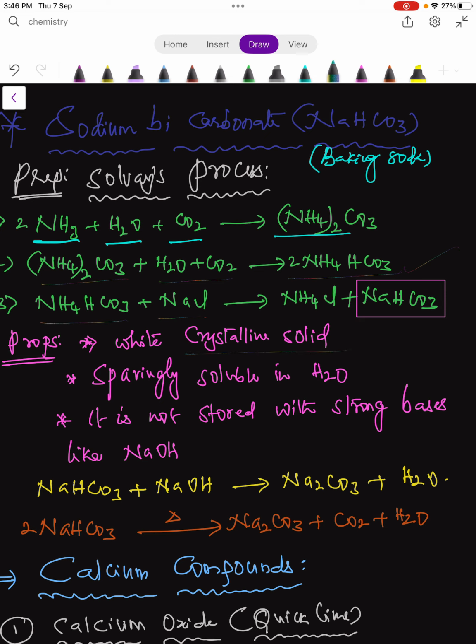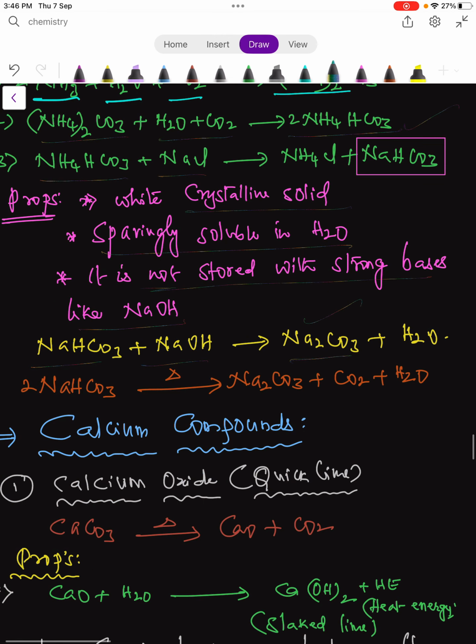It is a white crystalline solid, sparingly soluble in water. It is not stored with strong bases, because it forms carbonates, which undergo decomposition easily. That is the reason it is not stored with strong bases. Itself it undergoes decomposition on heating, forming sodium carbonate, carbon dioxide and H2O.